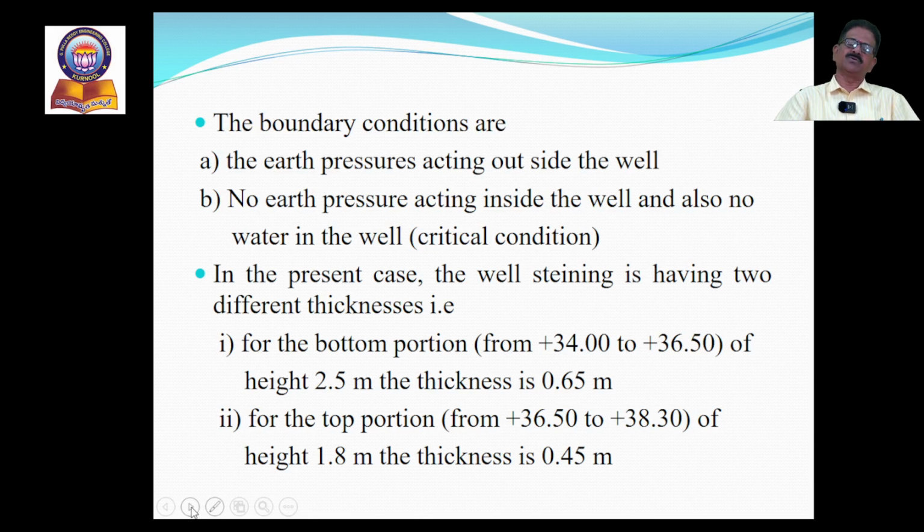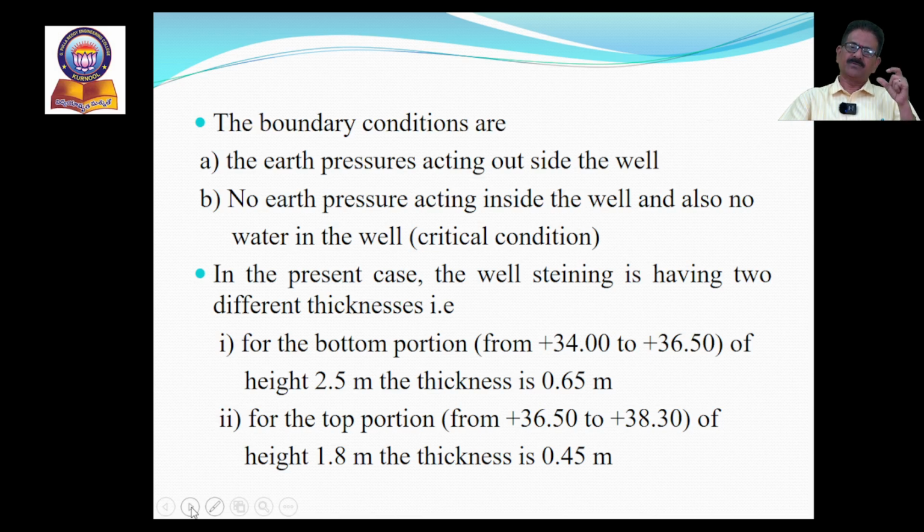Suppose we assume either water or earth present in the well, they may exert certain pressure on the surface of the well, which may balance the external pressure. But the critical condition is always considered like this: no water in the well and no earth pressure acting on the inner surface. So we can simply say outside and inside the well are the boundary conditions.